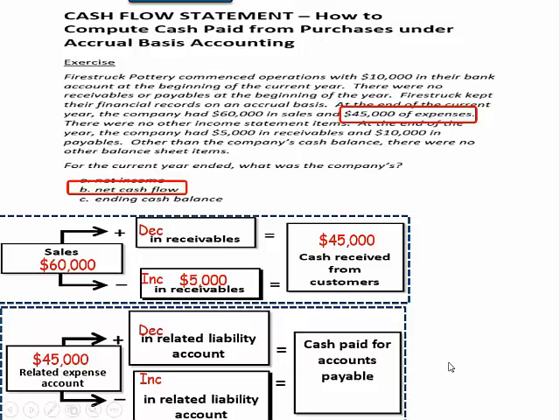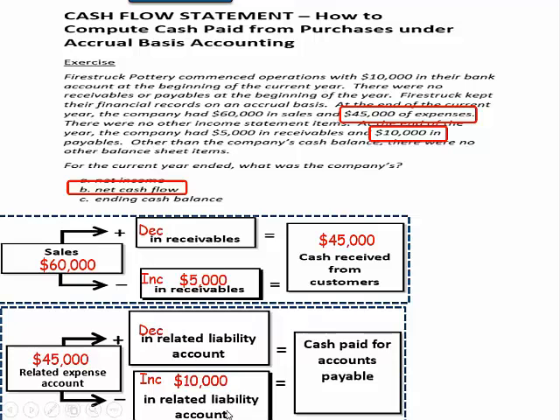Now I want to determine whether I've had an increase or decrease in accounts payable. And of course, since I started with the zero balance, the $10,000 ending balance is an increase. So I put that into the increase box in my related liability account, which is accounts payable.